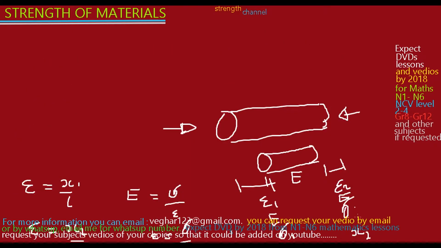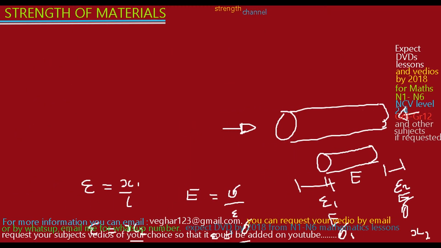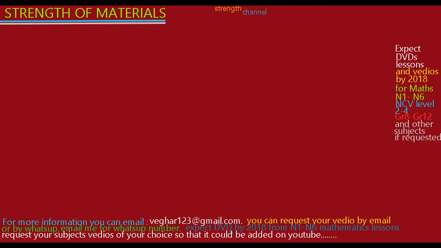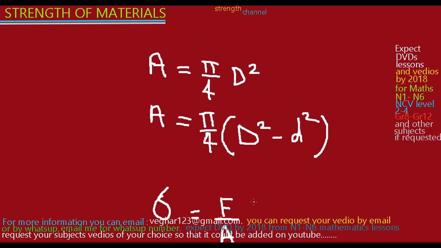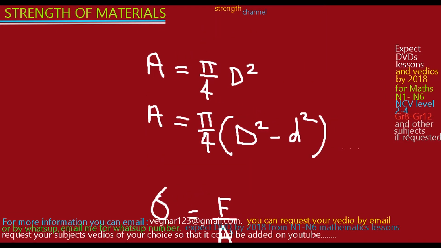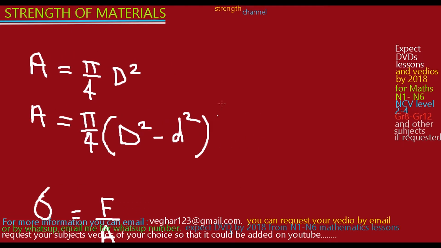When they are talking about extension or compression, you must think about the area. The area, is it correct? How do you calculate the area, how do you find the stress? This thing is not that difficult if you understand that.